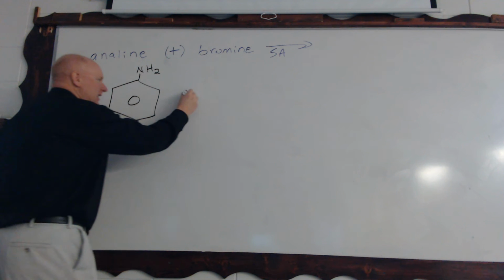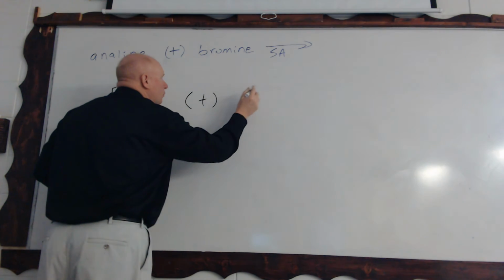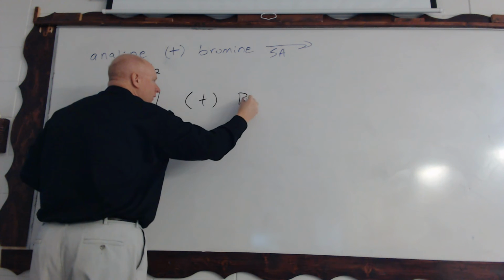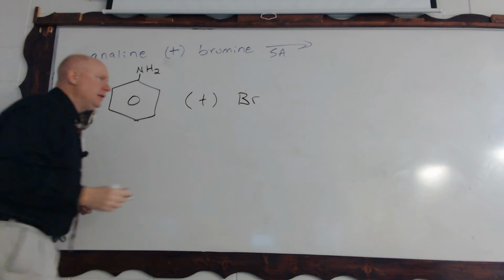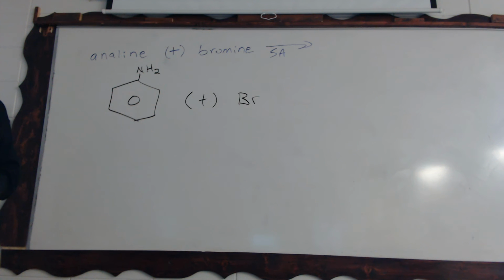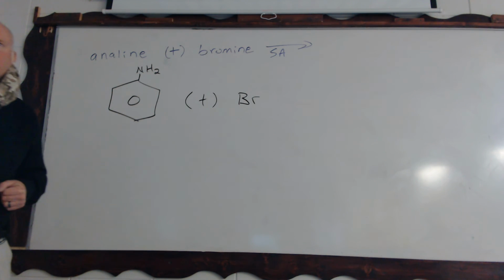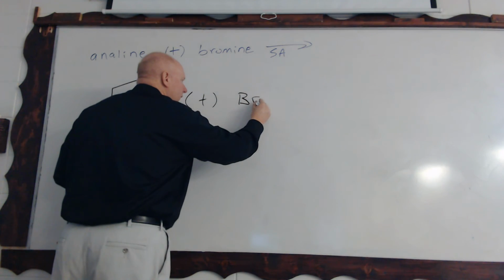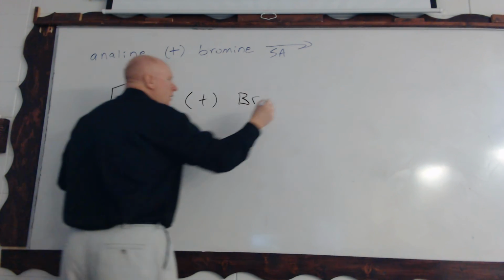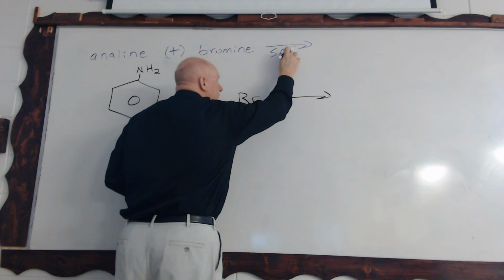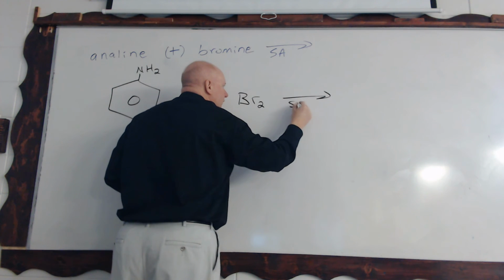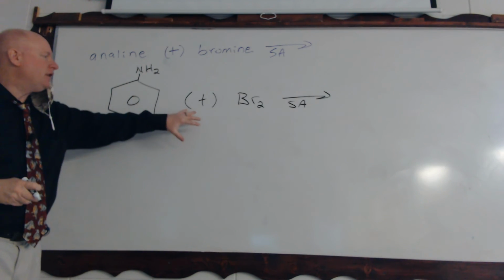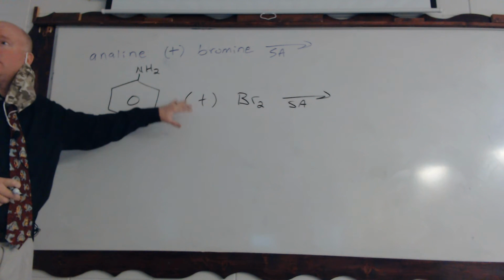The reason for that is, once we add bromine, you're correct when you're nodding your head, because remember, this is diatomic. This just means an acid catalyst, sulfuric acid. Now, this is different than just simple halogenation.